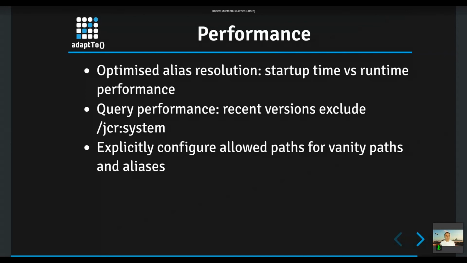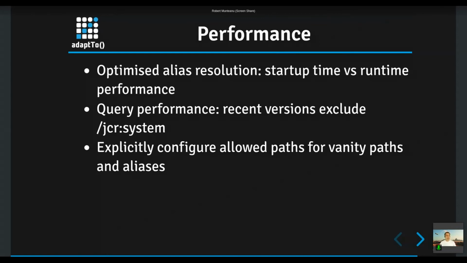There are various things that can be done to make sure that the interactive and the startup performance are still good. One of them is that we have stopped querying the whole repository in recent versions of Sling. One notably bad place to look for aliases and vanity paths was /jcr:system. And not only because there were no entries, but because there actually were entries in the version storage.